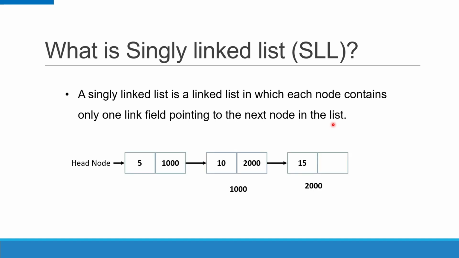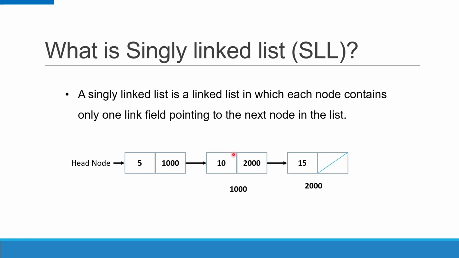Let's see the representation now. So this is the representation of singly linked list. Here, this is called the node. It contains one data field, which means this 5 represents the data. So this is your data field. And this 1000 is nothing but the address of your next node.